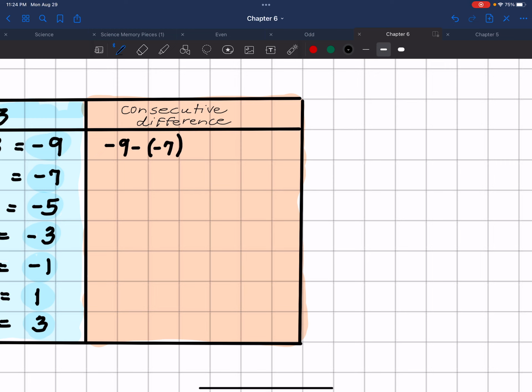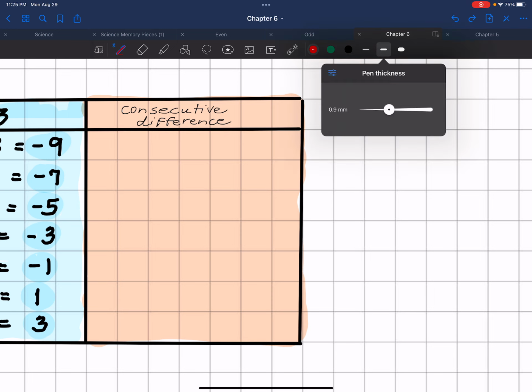Or negative 7 minus negative 9. It doesn't matter. But difference in this case is that subtraction sign. So what is negative 9... Wait a minute. It does matter. Excuse me. It's been a very long time since I've looked at this. Forgive me.